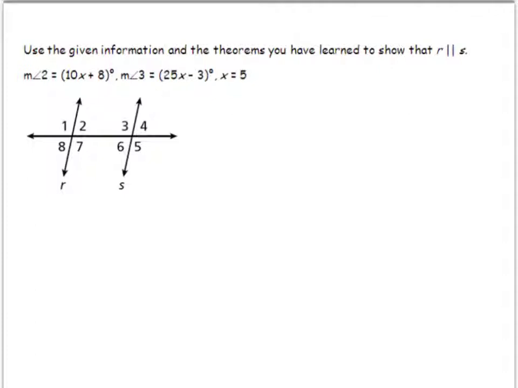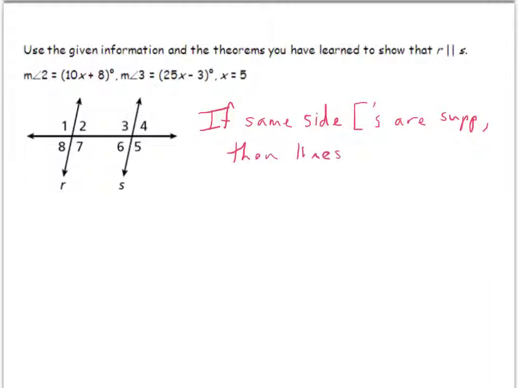If we look at these, we do notice, hopefully, that these two angles are same side interior angles. Now, from the previous couple slides, you know that if same side interior angles are supplementary, then lines are parallel. So really all we have to do is prove that these two angles are supplementary.